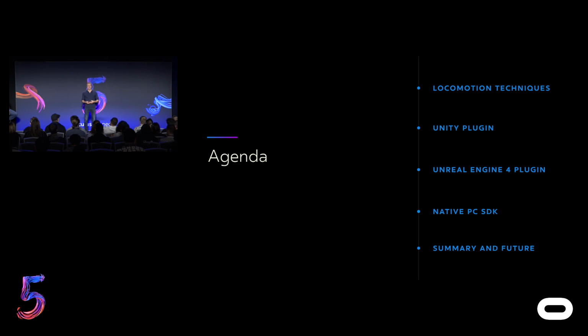Then I'm going to hand over to Luke, who's going to talk about VR Tunneling Pro, which is a Unity plugin which allows you to put these techniques into your apps. Then Luke will talk about, similarly for Unreal, a plugin there. I will complete the picture with native PC SDK inclusion, including developers with their own engines, and then finish up with a summary and what the future might hold.